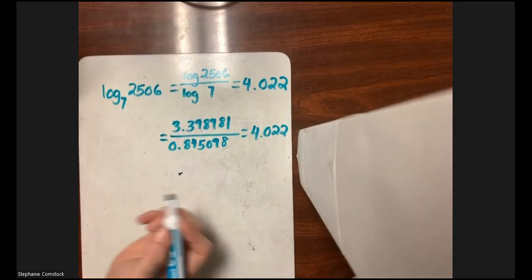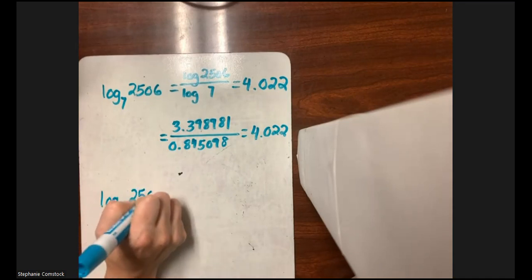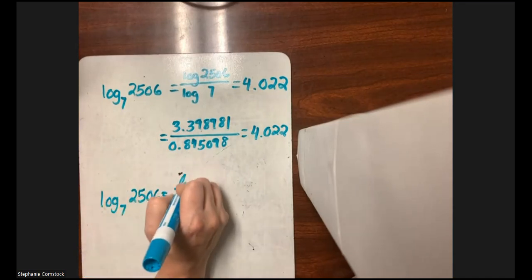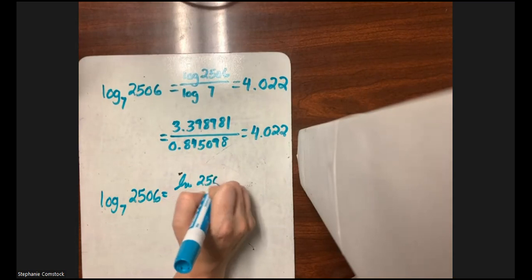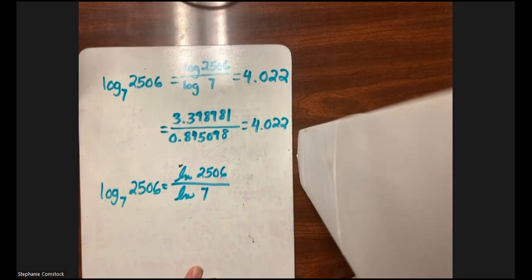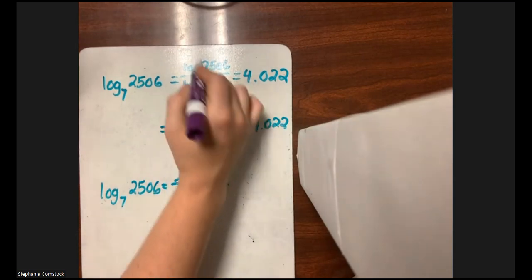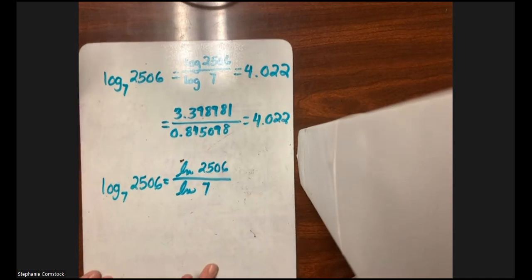Now, they also said to run this with natural log. So we would have natural log of 2506 over natural log of 7. Now, again, word of caution here. Number one, you do not get to cross the word LN or log off in either of these. That is not the way that says that.